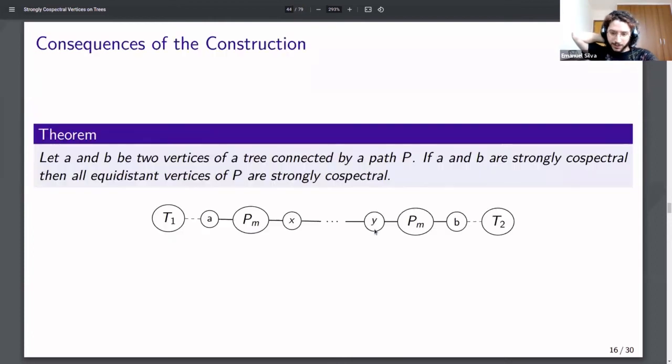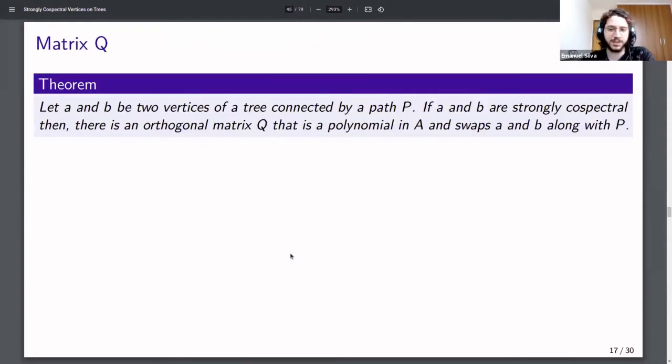Okay, so we know that x and y are strongly cospectral if A and B are strongly cospectral. And we also know something about strong cospectrality: if two vertices are strongly cospectral, there is going to be a matrix Q that is a polynomial in A and that maps A to B. And the question here is, Q is going to map A to B and B to A, but what about the inner vertices of the path?